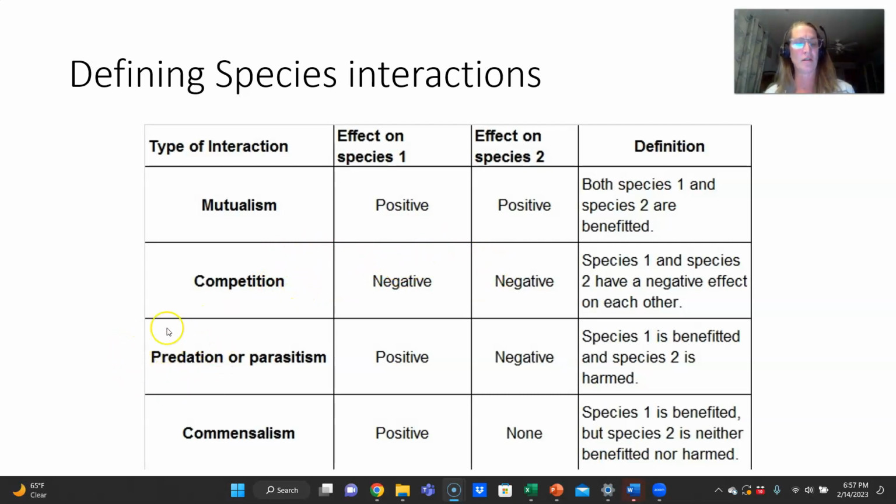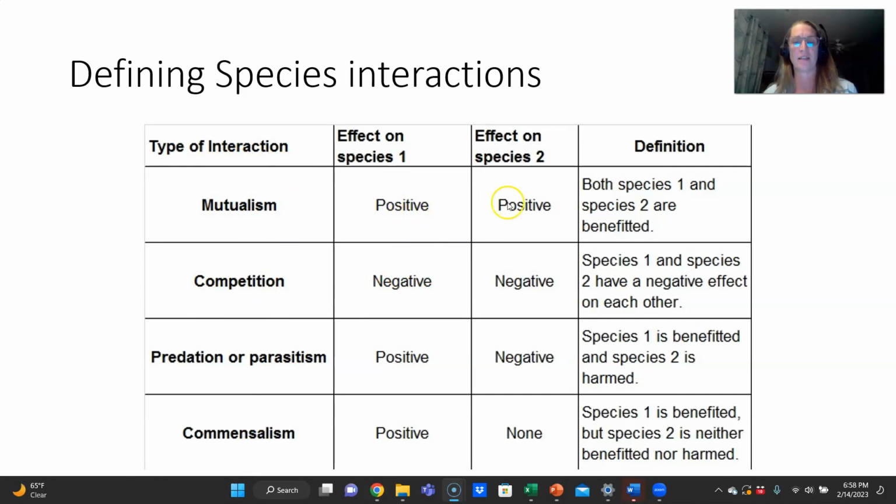Then we had predation, which is where you have a predator and prey, and the predator has a positive result from the interaction, while the prey has a negative result. It gets consumed. And then we have the three different types of symbiosis: mutualism, commensalism, and parasitism. So we've discussed all of those.